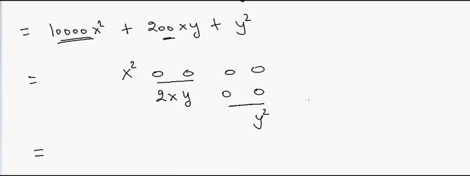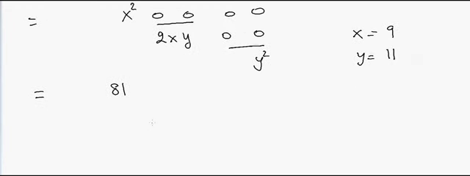Again, if I have x equal to 9 and y equal to 11, then you can see that 9 square is 81. So there is no limit for x square here, right? And then we have 2xy, so 2 into 9 into 11, that will be equal to 18 into 11, and that will be equal to 198.